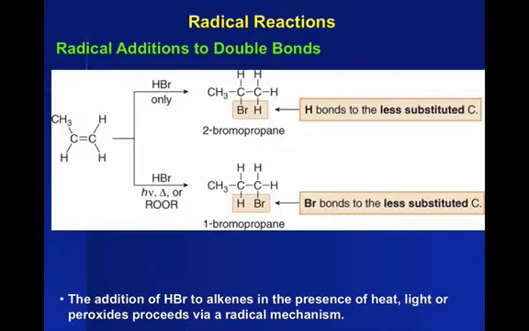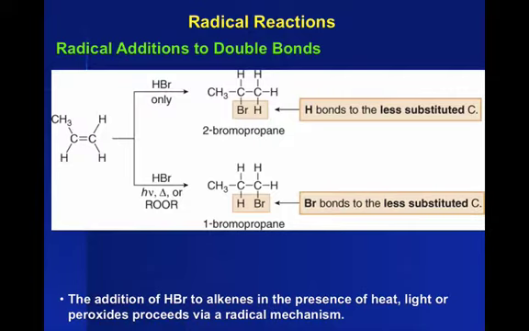Can anybody tell me why? Because HCl would just get back into hydrogen? Well, that can happen. That's selective. True. Why? What about the bromine radical versus the chlorine radical? More stable. That's exactly right.